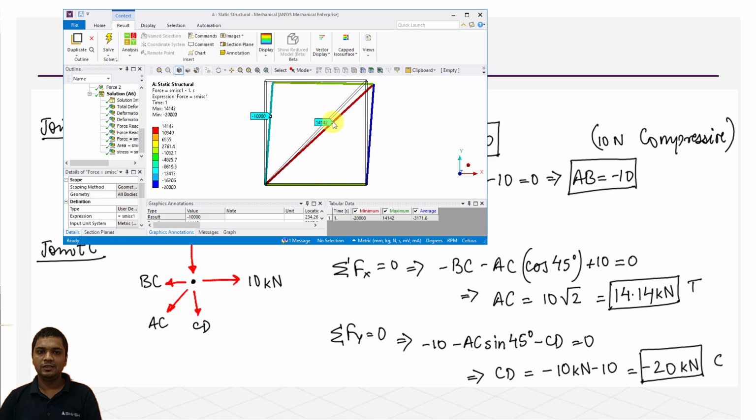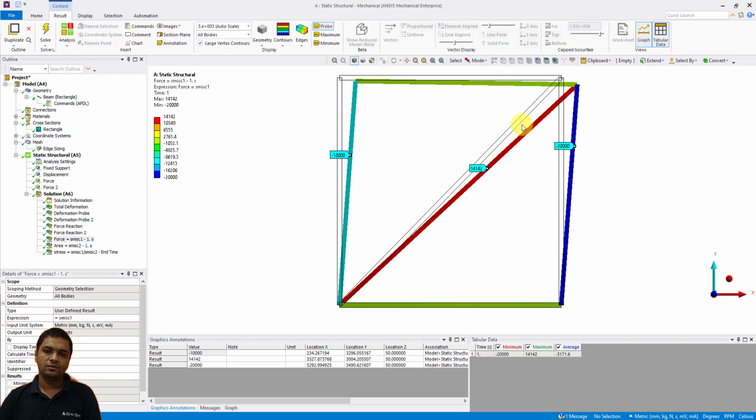So let's check out in AC, it's 14.142 kilonewton. Now let's find out in CD, right? So in CD at this location, we are getting minus 20,000, same as hand calculation results. So it shows that the ANSYS calculation matches with the hand calculation. So that was the last part of verification.